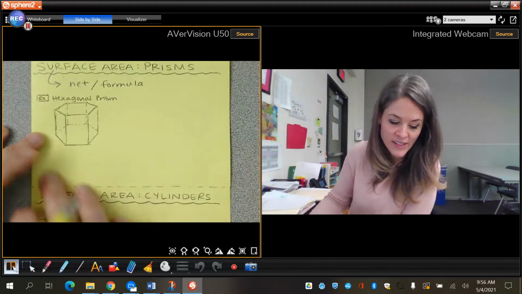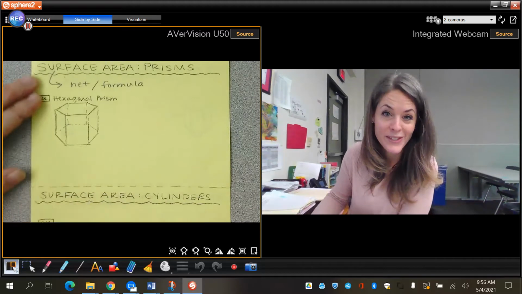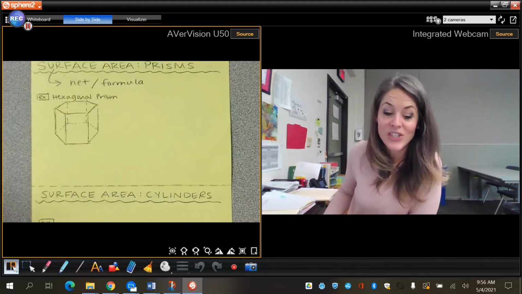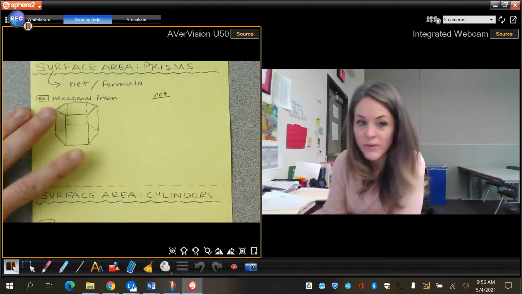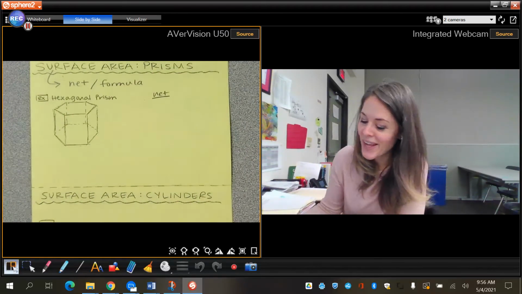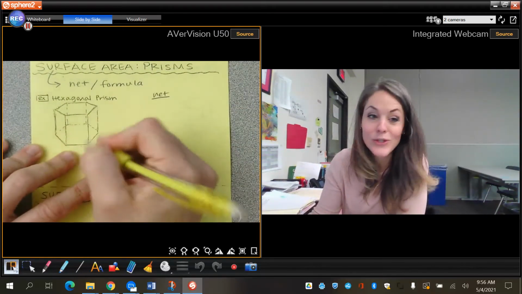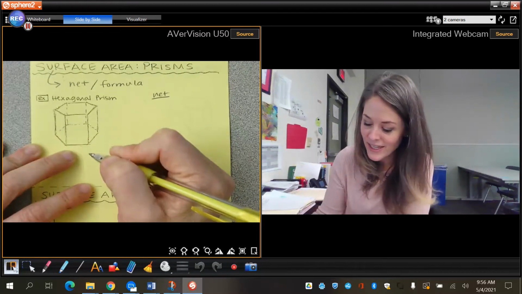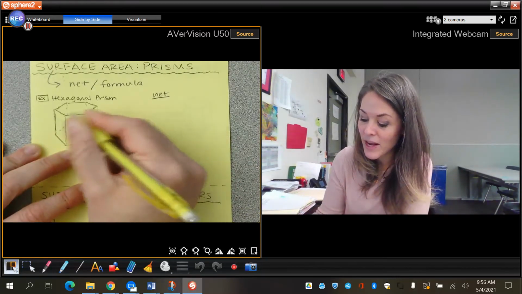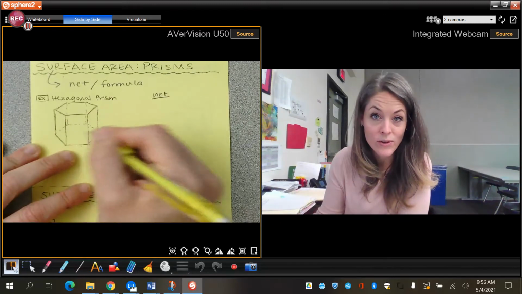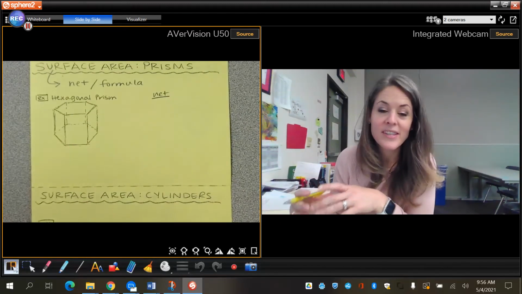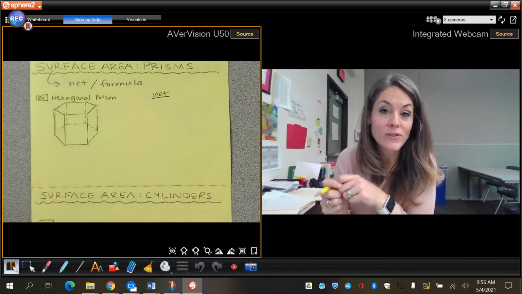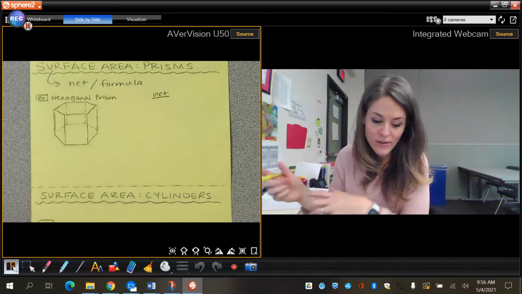If I have a hexagonal prism, the first thing I'm going to do is sketch out the net. First thing with the net, it's not going to be drawn to scale. Okay, so I have 2 hexagonal bases, and that means that I would have 6 rectangles that connect. And if this is a regular hexagon, which it is, then all of the rectangles would be the same rectangle.